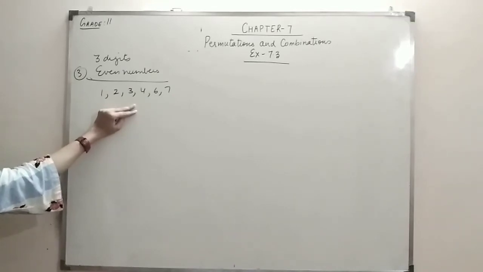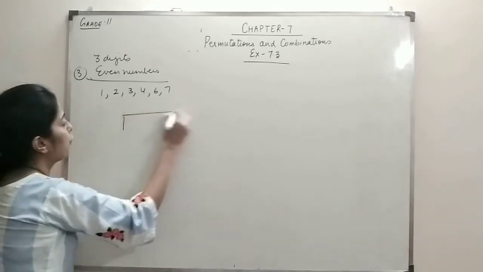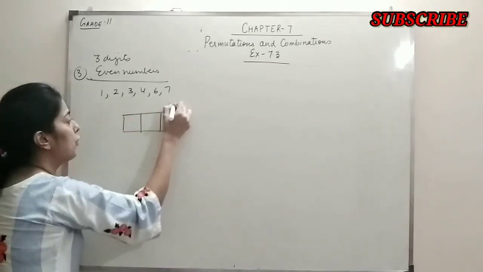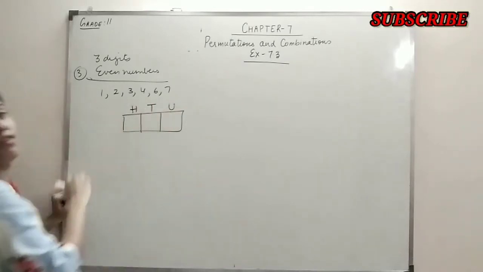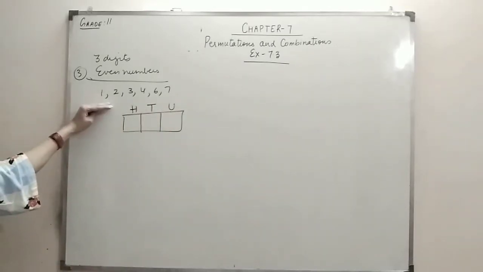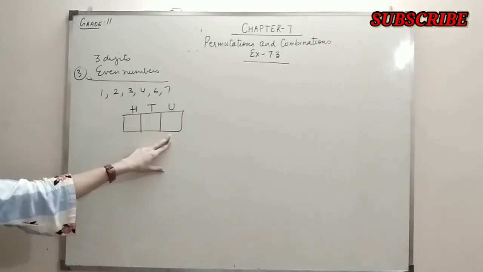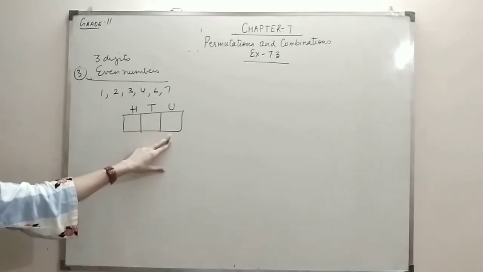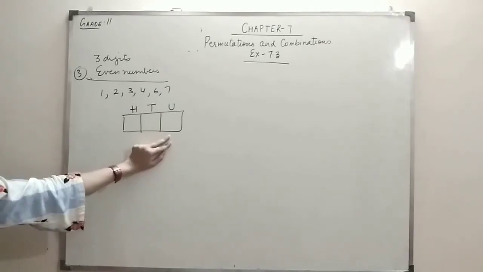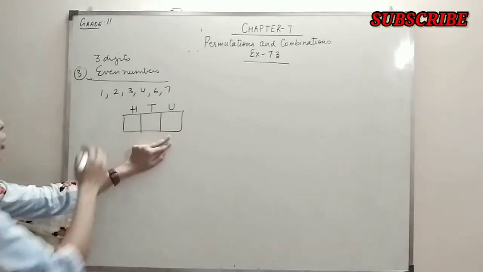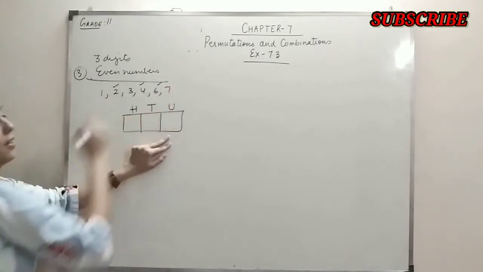Now, for a 3-digit even number, we have to frame the 3-digit number, but we want the number to be even only. So we are restricted for the unit place, because we have to frame an even number. The unit place can be occupied by one of either 2, 4 or 6.